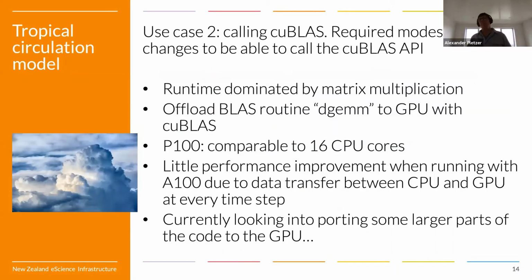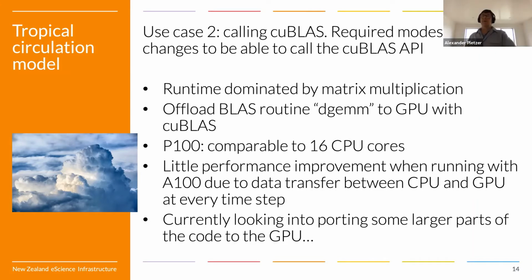Use case number 2, that's a tropical circulation model, which I mentioned at the beginning. The bottleneck was identified as being a large dense matrix times dense matrix times dense matrix multiplication.